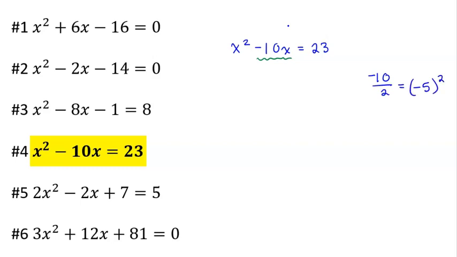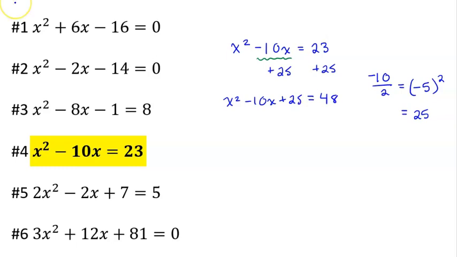We're going to square that number, and that gives us positive 25. So I'm going to add 25 to both sides. X squared minus 10x plus 25 equals 48.